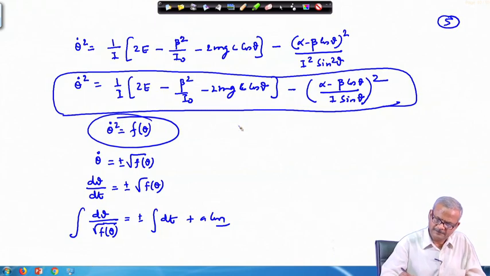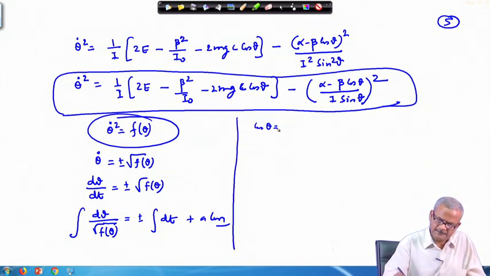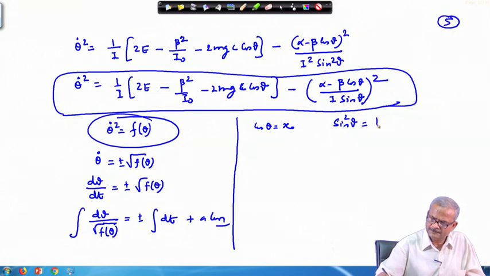So, put here cos theta equal to x, and therefore sin square theta will be 1 minus x square.